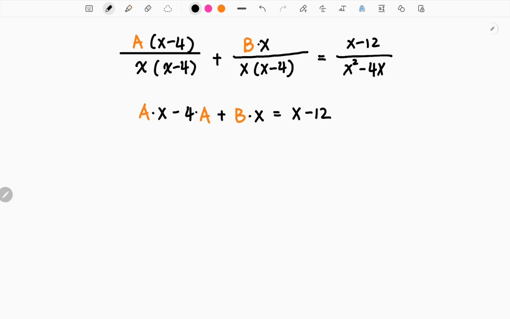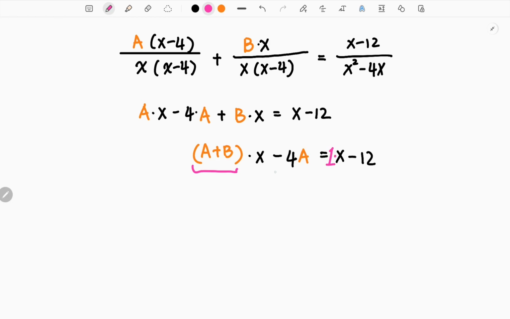In order to let the left and right side equal each other, let's combine the terms with x and without x. A plus B times x minus 4A is equal to x minus 12. And what does that tell you? Our A plus B must equal the coefficient of x, which is 1.